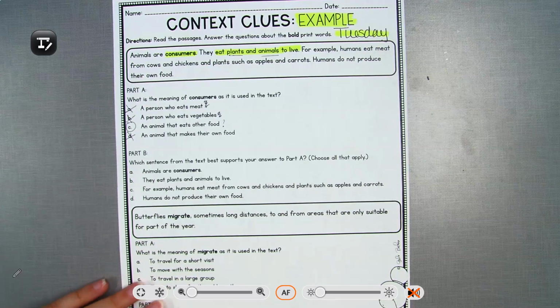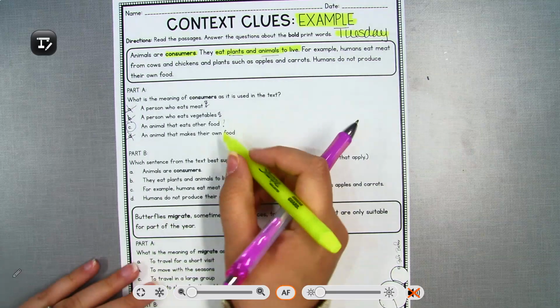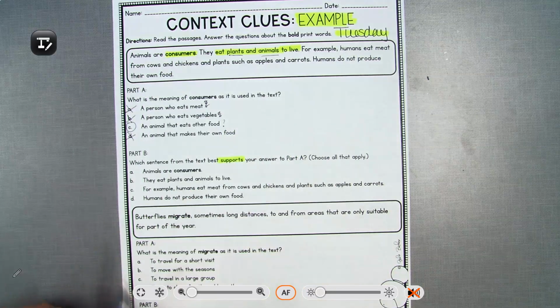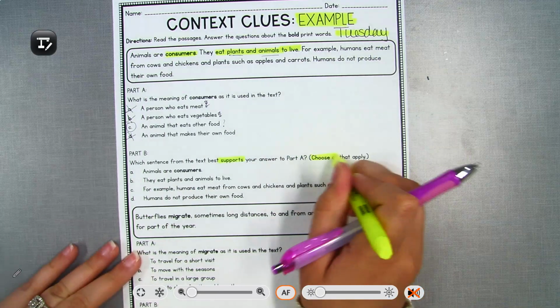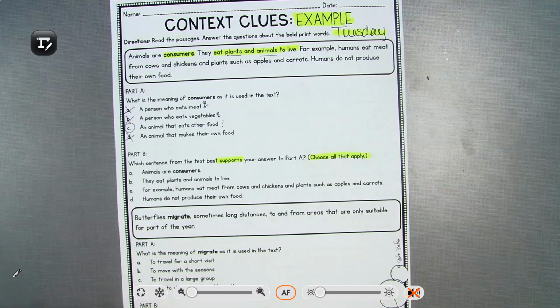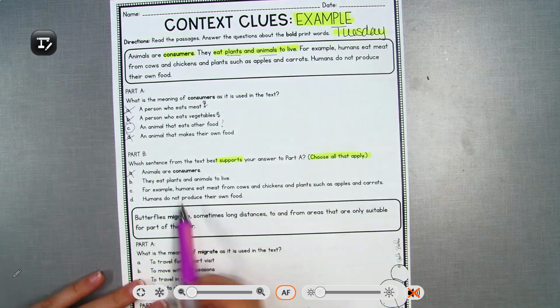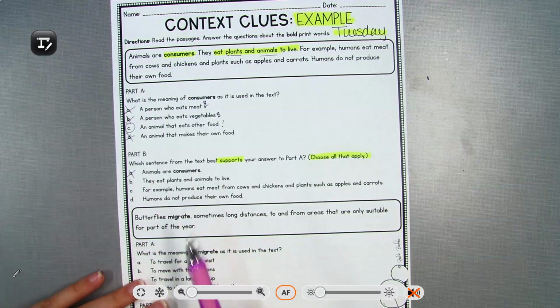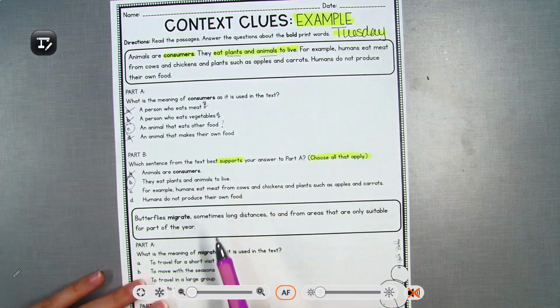Which sentence from the text supports your answer to part A? So remember, support means helps. Which one helps you to understand what the word means? And we are going to choose all that apply. Animals are consumers. Well, that's not going to help me because I don't know what consumers is. They eat plants and animals to live. Yes, because that's kind of telling us what they are.